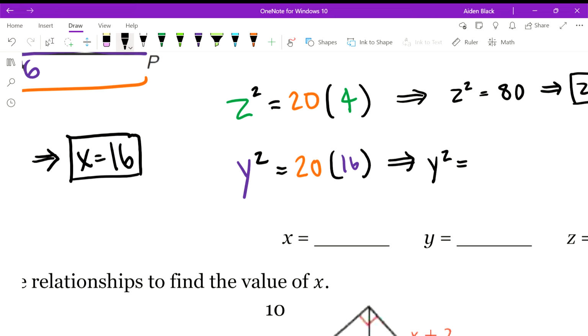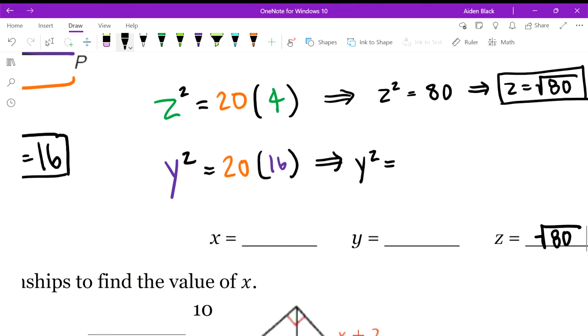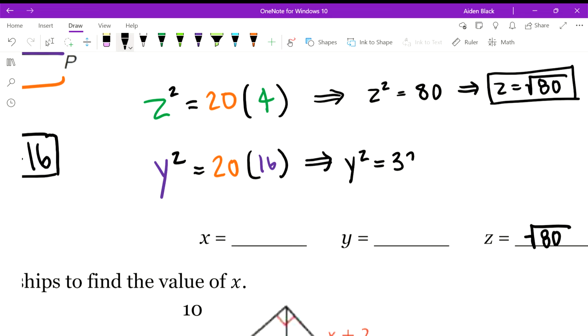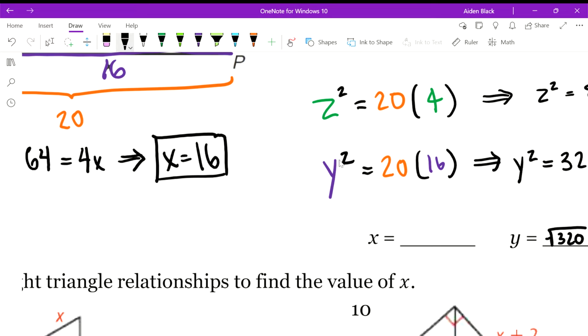It's 20 times 16. 320. And then we found that x equals 16.